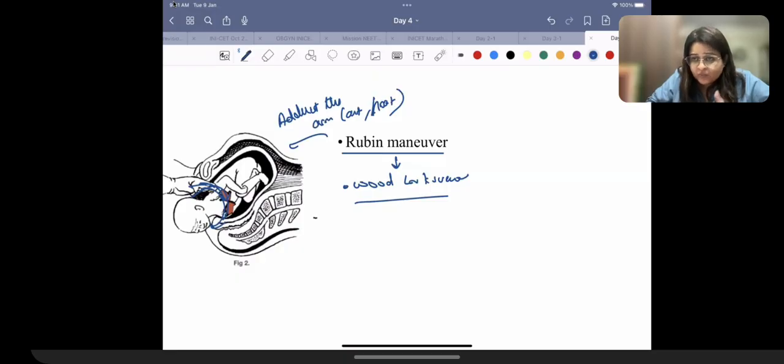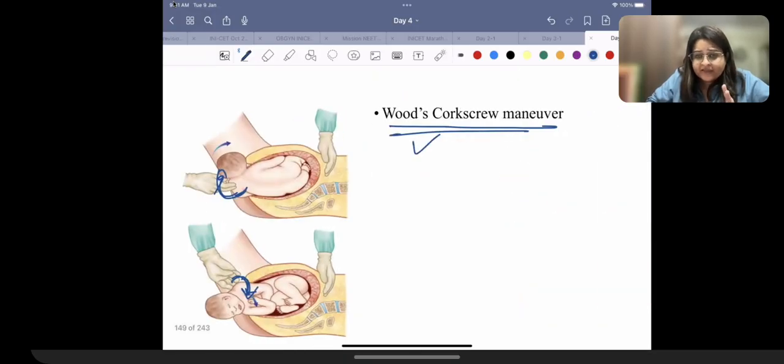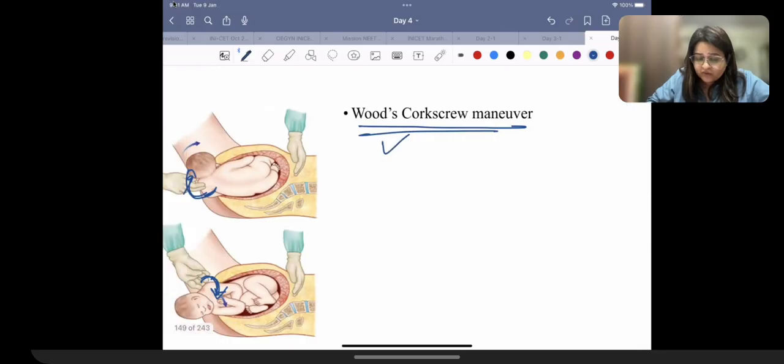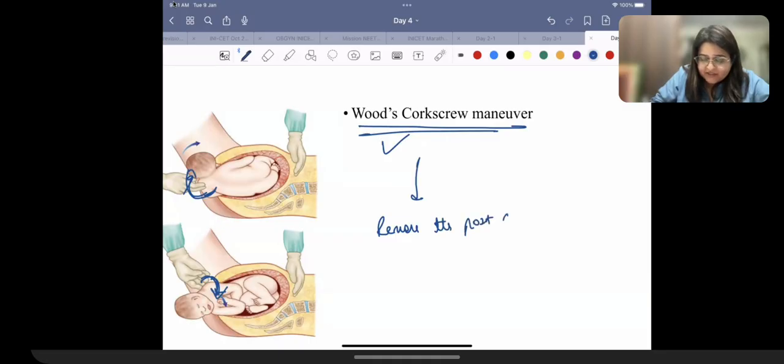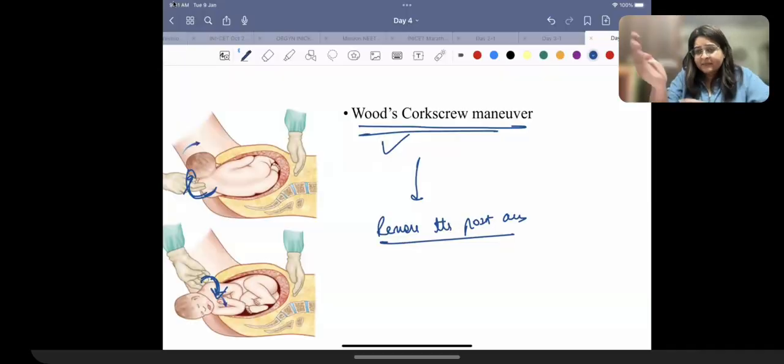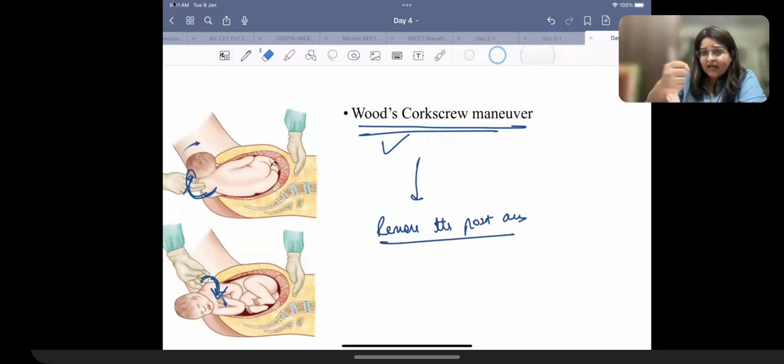Rubin maneuver, Wood's corkscrew maneuver, and if this fails, then you go to remove the posterior arm. What does this maneuver say? This maneuver says put your hand posteriorly, pinch the cubital fossa and the baby will flex its arm, and sometimes you can grab the hand and pull the hand out.